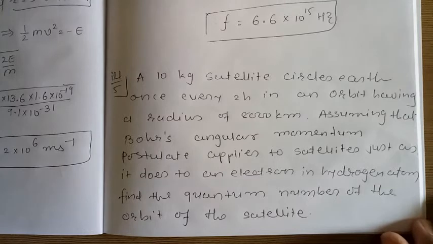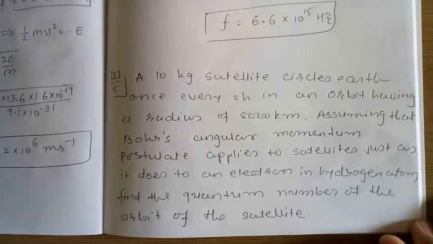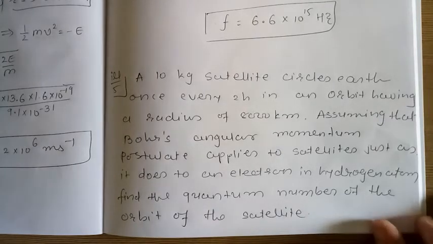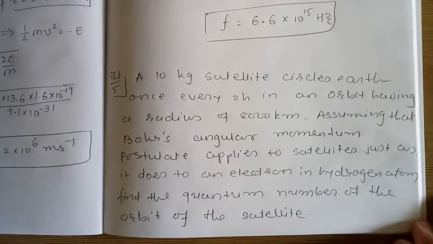Assuming that Bohr's angular momentum postulate applies to a satellite just as it does to an electron in a hydrogen atom, find out the quantum number of the orbit of the satellite. So here in this example we have to find out the quantum number.